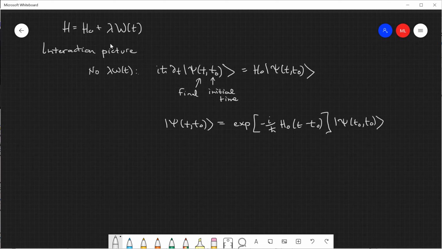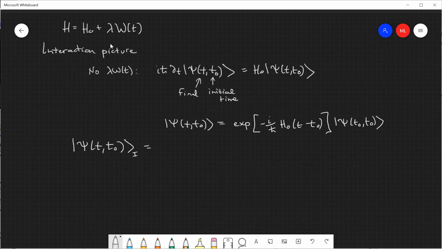So what we do now is define an interaction picture state, which is related to the Schrodinger state as follows. I for the interaction picture.